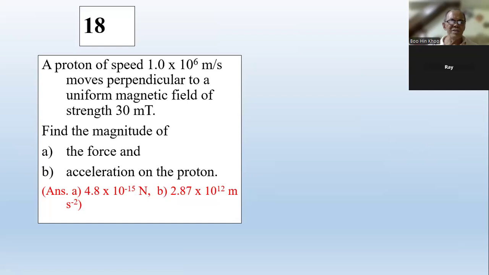This one you should be able to calculate. A proton of speed 1 times 10 to the power 6 moves perpendicular to a uniform magnetic field of strength 30 millitesla. Find the magnitude of the force.